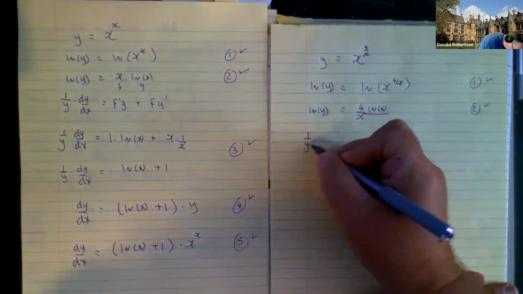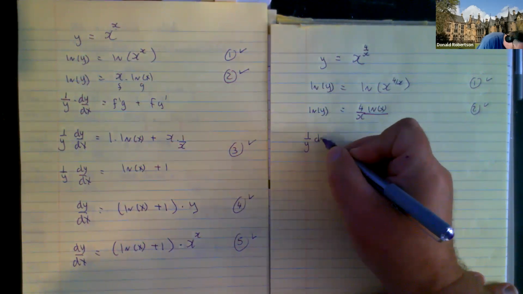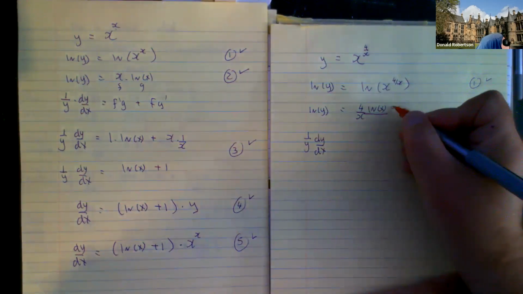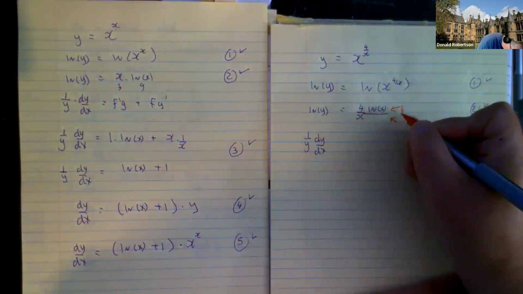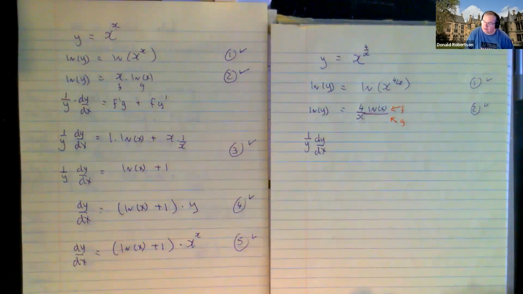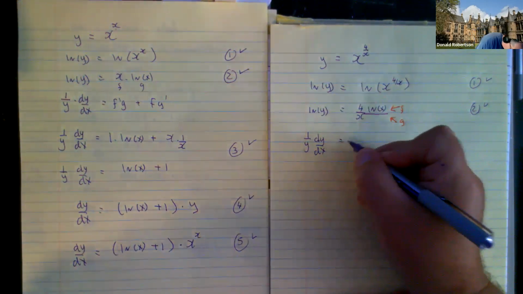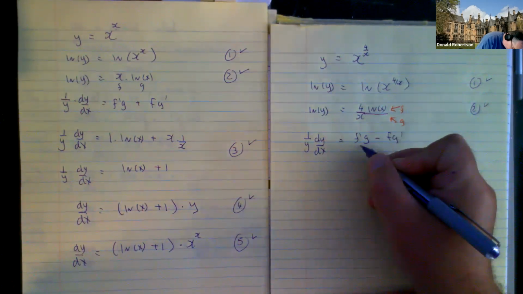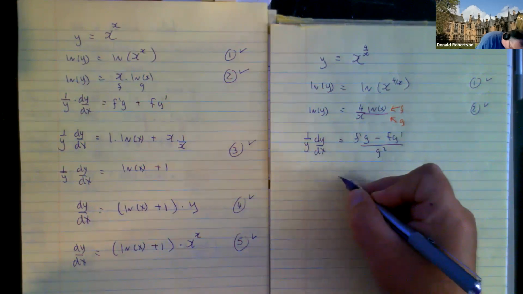Differentiate. Would you agree in this question, no, I didn't write the x very nicely, but would you agree it's a quotient rule? Right. So it's going to be an f dash g, take away an f g dashed over g squared.